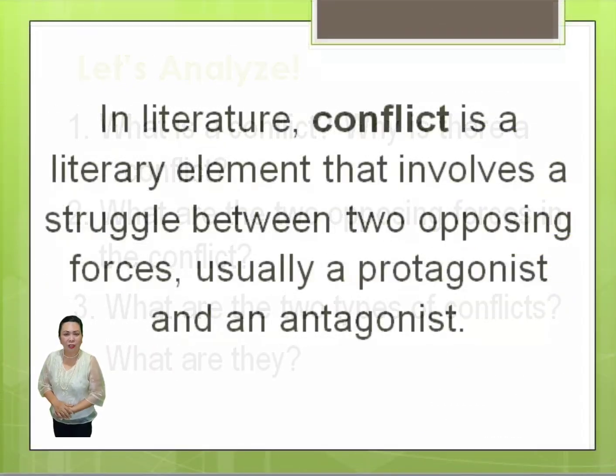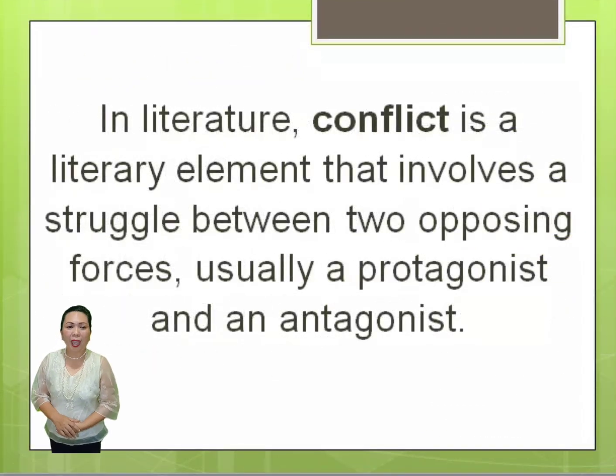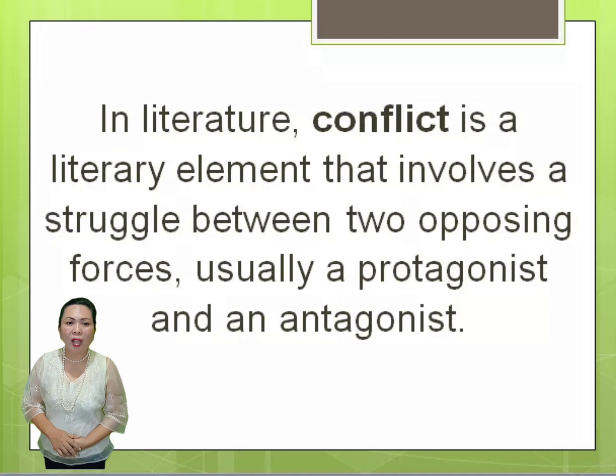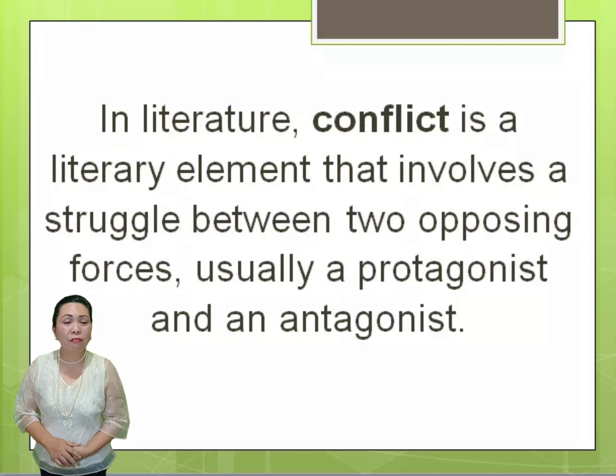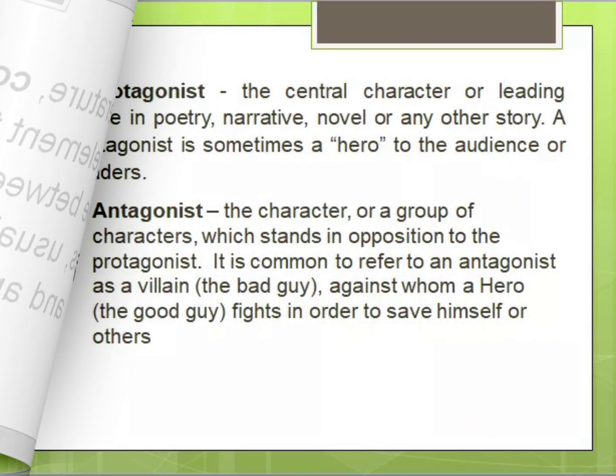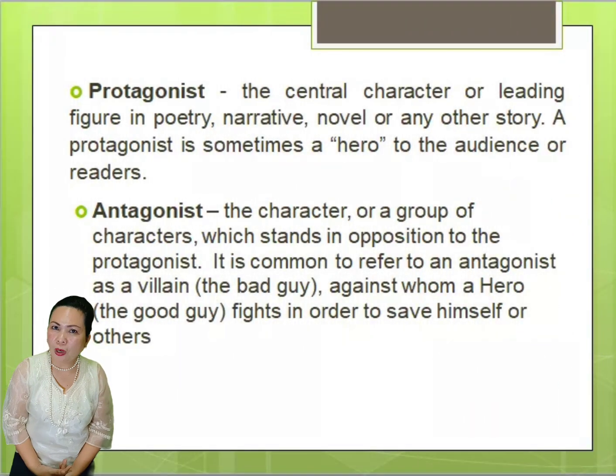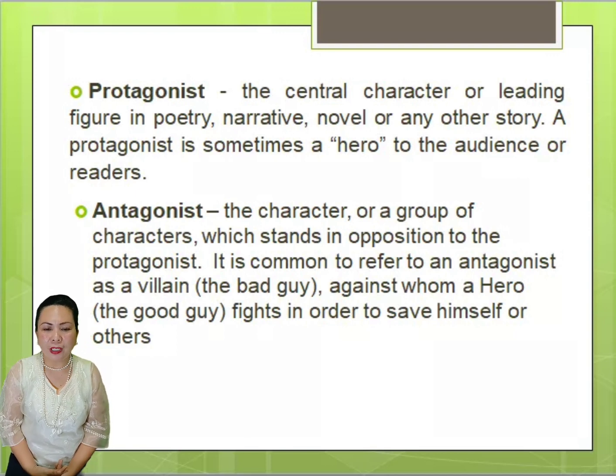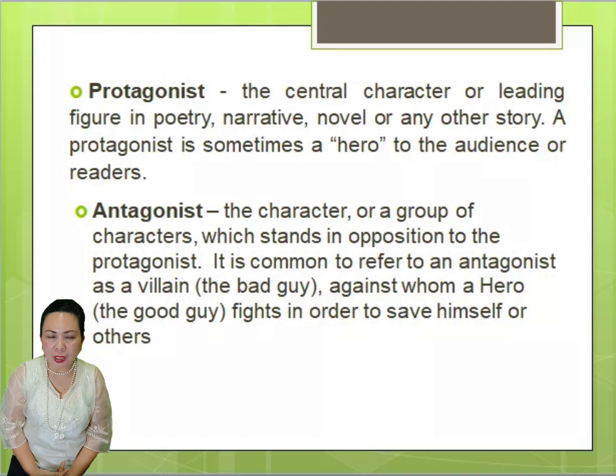In literature, conflict is a literary element that involves the struggle between two opposing forces, usually the protagonist and the antagonist. Let's talk about the two opposing forces. One is the protagonist. This is the center character or the leading figure in poetry, narrative, novel, or any other story.